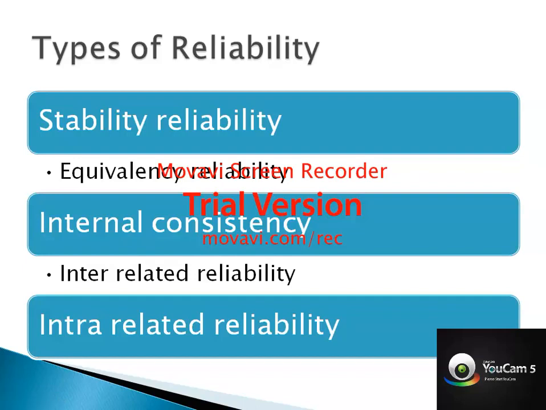The next one is equivalency reliability, whether two different but identical types of tools, like a checklist and a rating scale. You have prepared a checklist, you prepare a rating scale and compare both. Both tools should give the same result. That is equivalency reliability. It should be equivalent. And the next one is internal consistency.